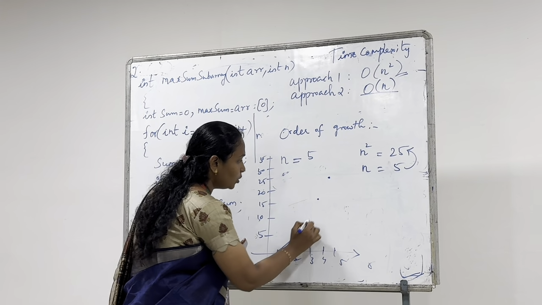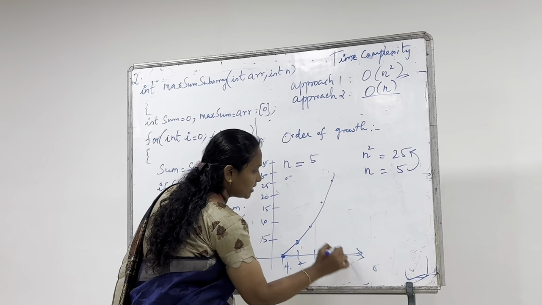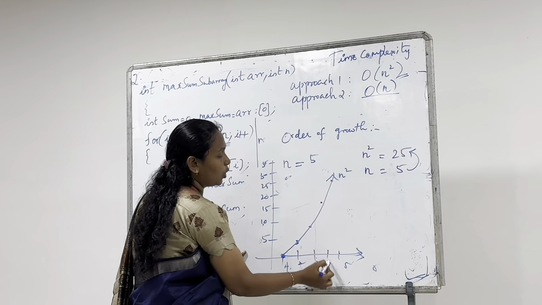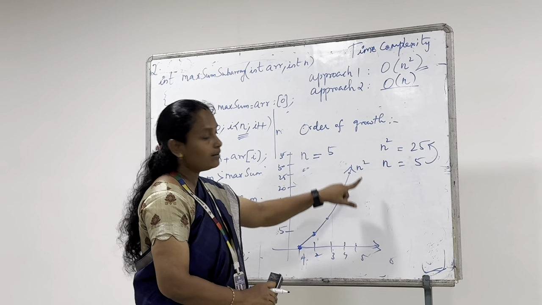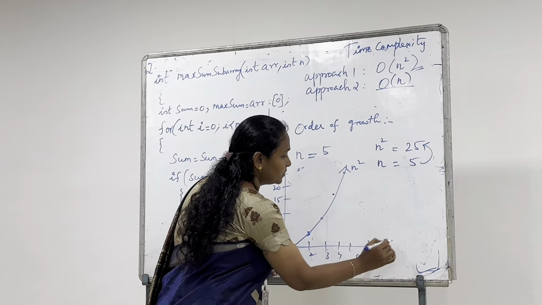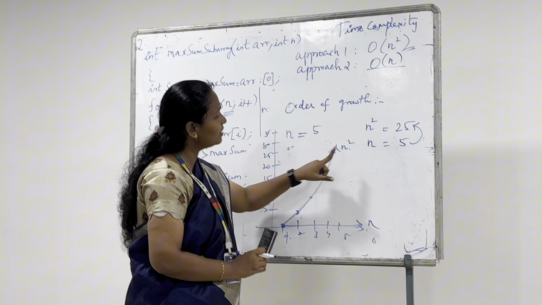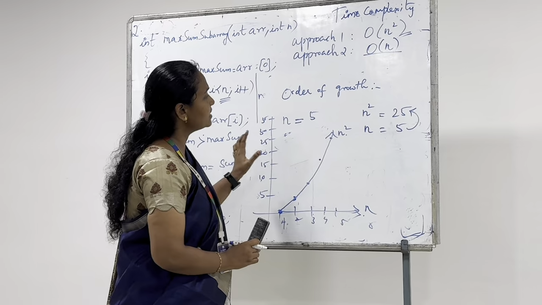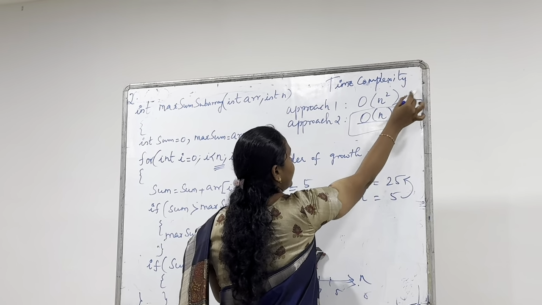So the order of growth increases like this. The n is like this and n square is like this. So the order of growth is much higher for n square when compared to n. So the order of growth of n square is very much bigger compared to n. That's why we are saying this is better than n square.